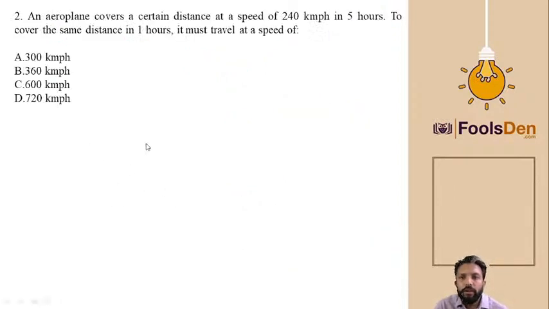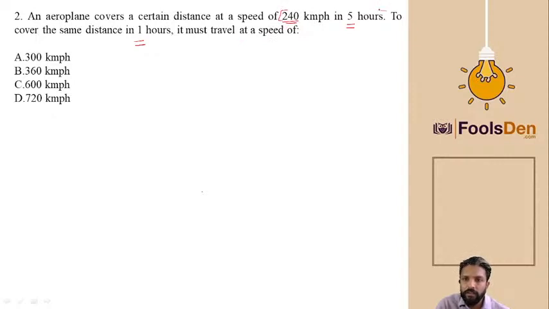Now let us proceed to the next question. An aeroplane covers a certain distance at a speed of 240 km per hour in 5 hours. To cover the same distance in 1 hour, it must travel with a speed of what? So basically, what is the distance the plane has traveled in the first case?